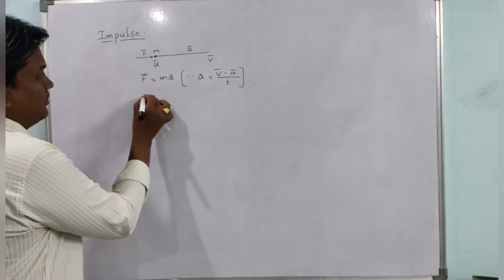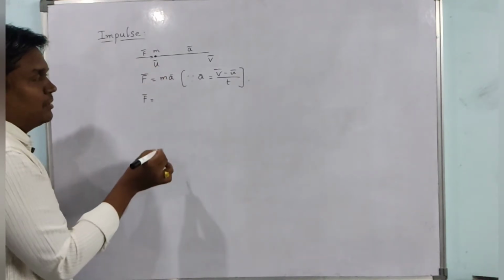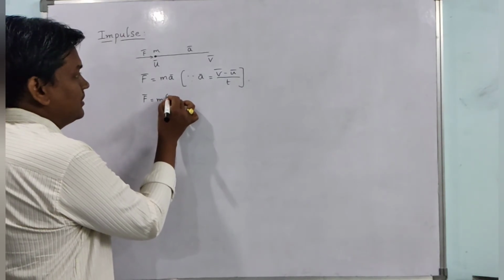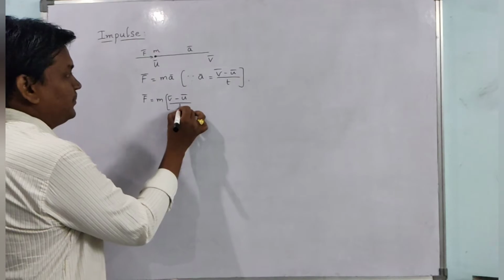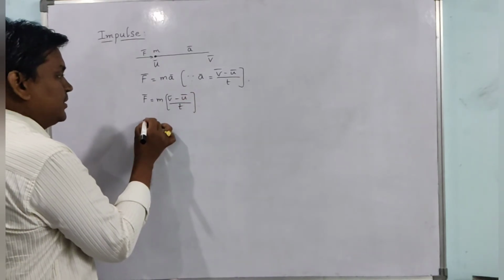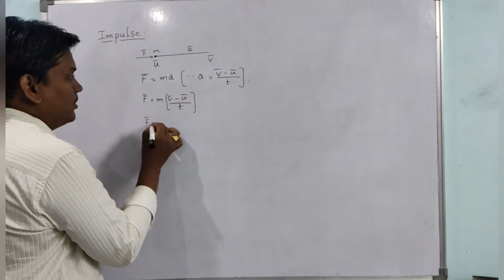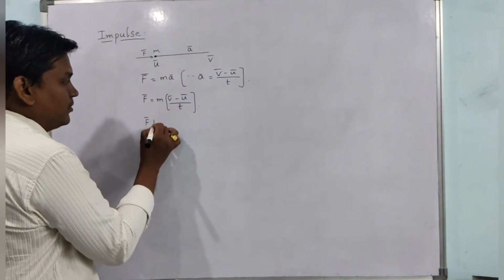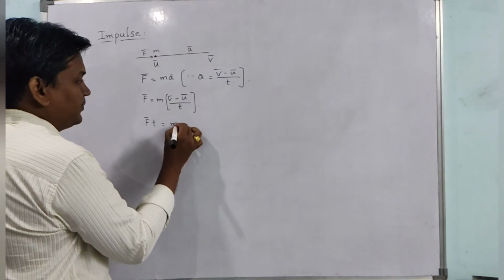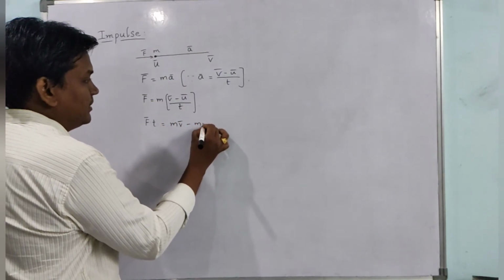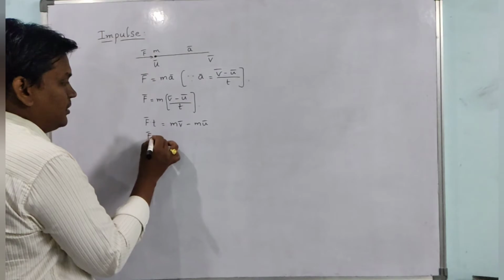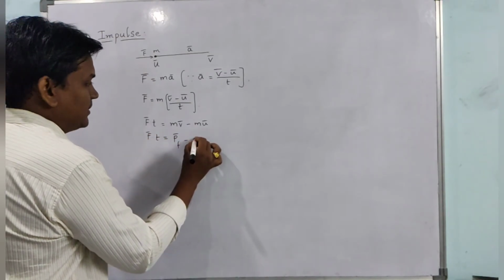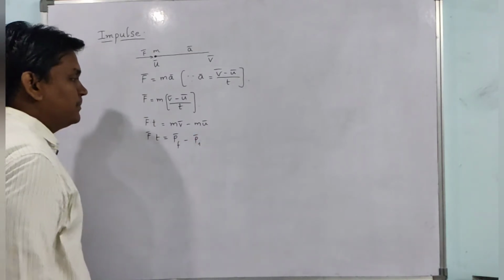So the force acting on the mass particle, F equals m into (v bar minus u bar) by t, and this can be written as force F bar into time equals mv bar minus mu bar. So the force into time is nothing but final momentum minus initial momentum.